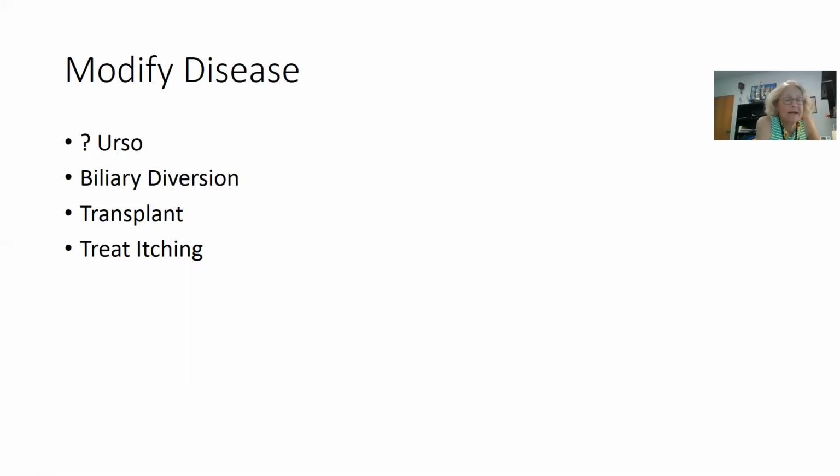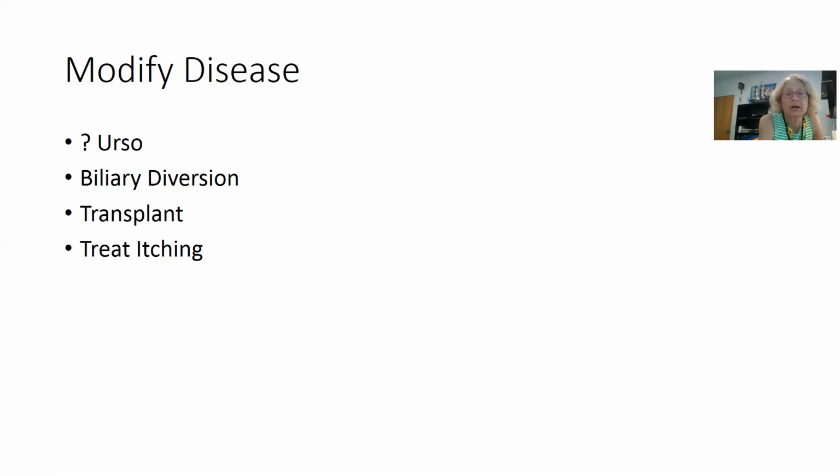Sometimes we can modify the disease, sometimes giving urso, which is a bile acid that promotes water flow into the bile, can help in some diseases like progressive familial intrahepatic cholestasis, where the bile acids tend to be toxic.